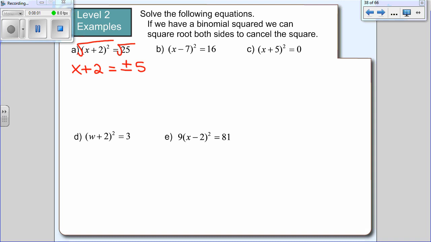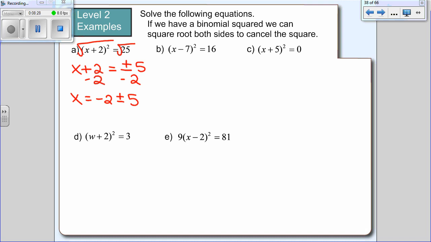And this is fine and dandy, but we need to get x by itself. So now you have one more step, you need to subtract 2 from both sides. When you do that, this is how I write my answer. X equals negative 2 plus or minus 5. This means if you have whole numbers, which in this case we do, we have 2 answers here.